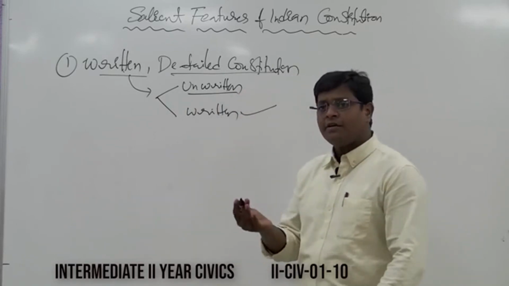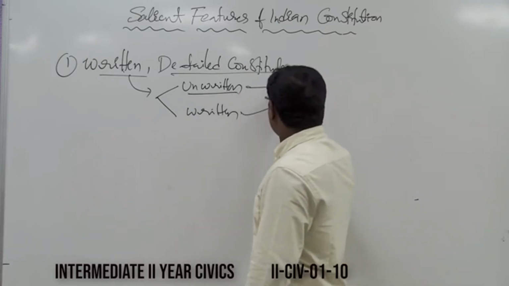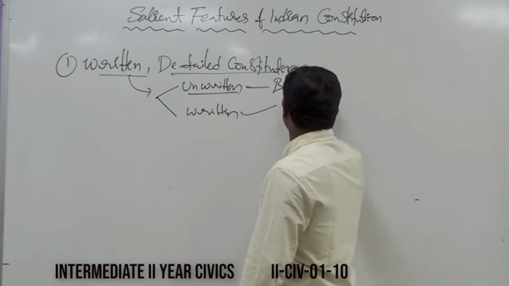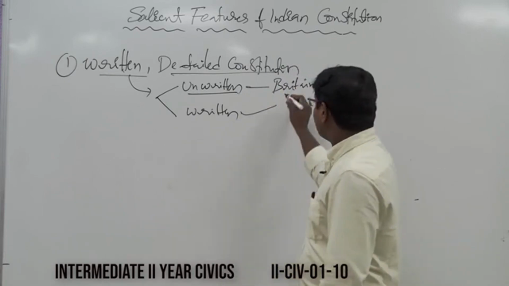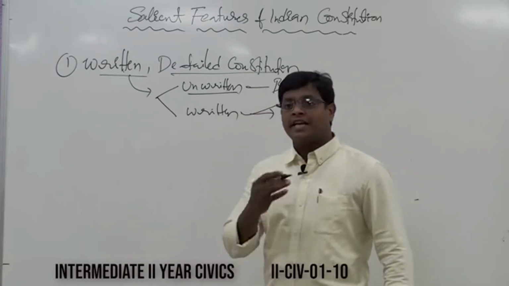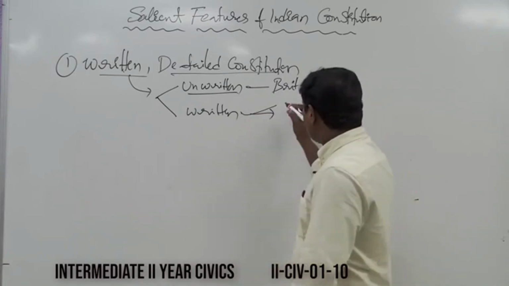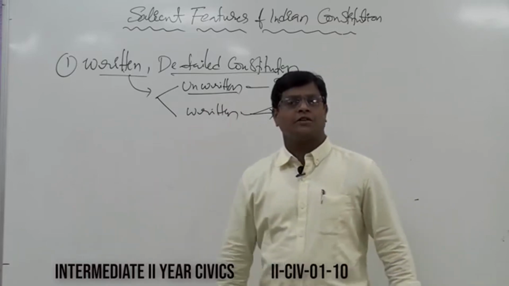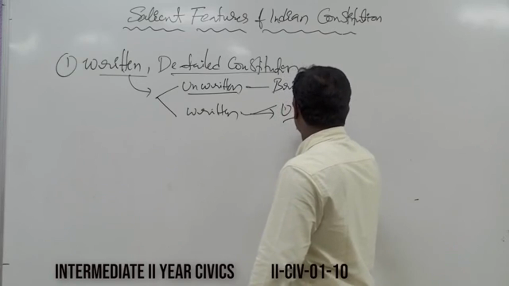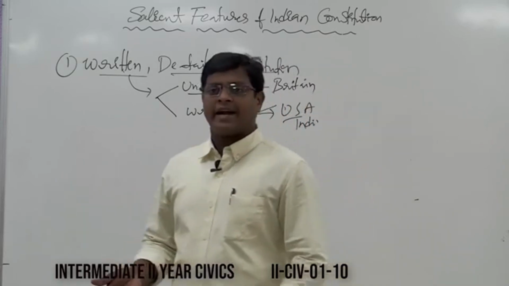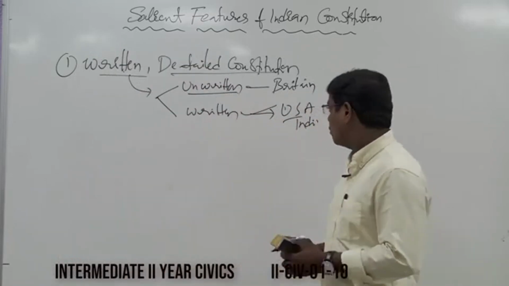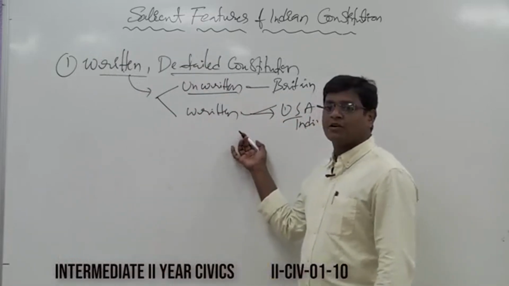A very popular example of an unwritten constitution is the British constitution, whereas most other constitutions are written. Popular examples of written constitutions are the USA constitution, Indian constitution, Canada constitution, Australian constitution, and even the China constitution.